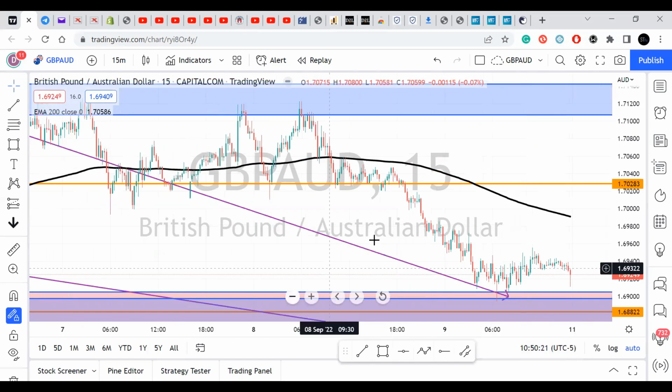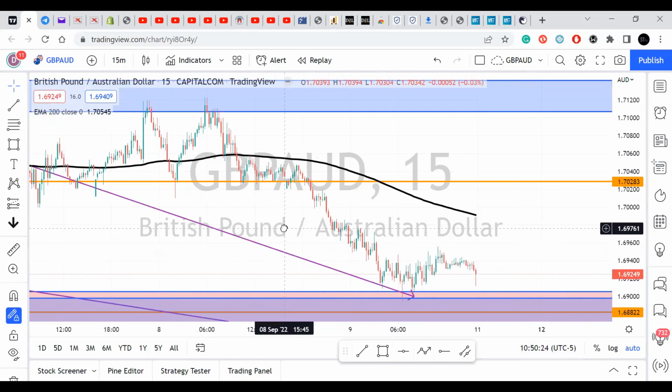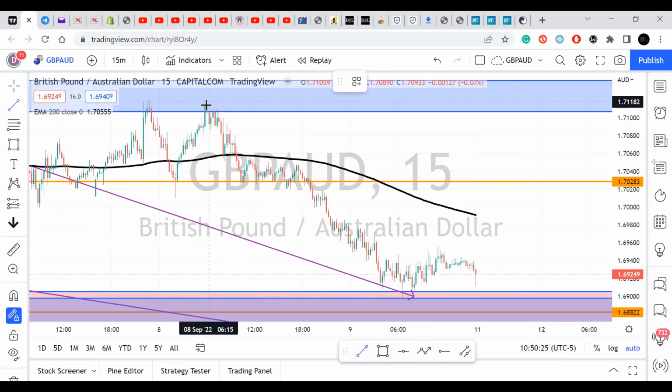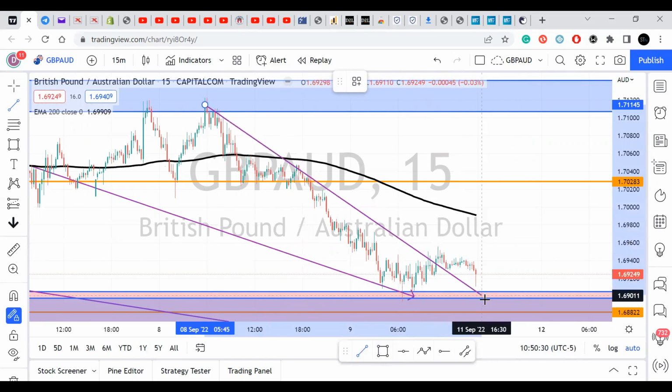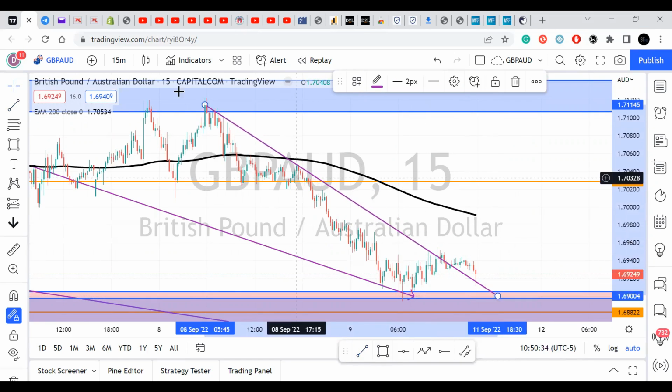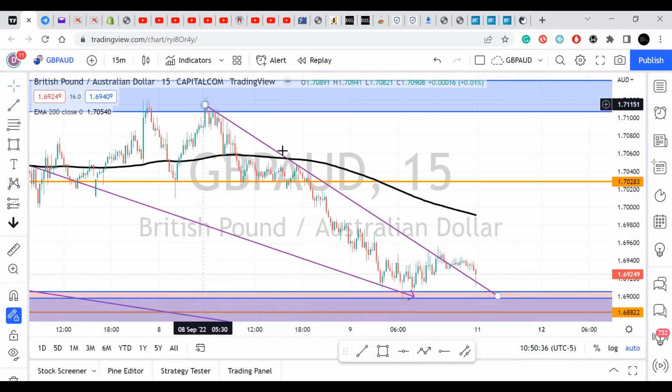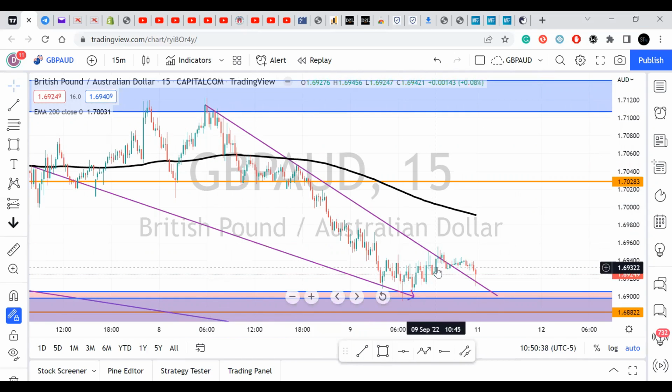So on this 15 minutes chart, I have a trend line from here, touching the peak, so I have these 2 touches, 1, 2. Price has broken the trend line here. Also the structure, this is our current structure.